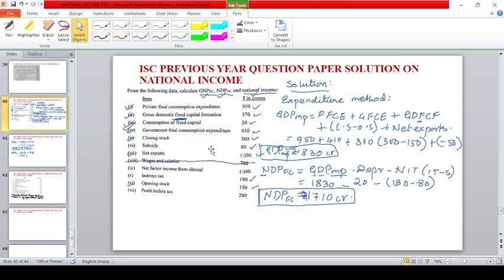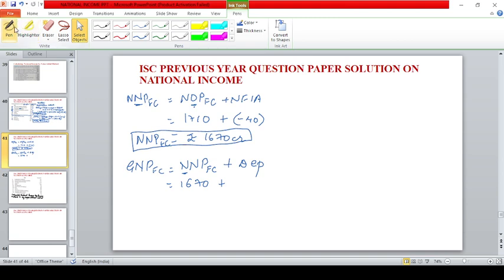The depreciation, with the name consumption of fixed capital, was 20. So let us quickly substitute the value, plus 20. So the value for GNPFC is 1690 rupees in crore. This is how we are going to calculate the practical sums that have been given to you in the question.